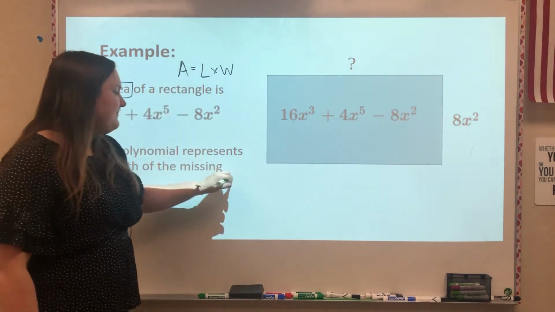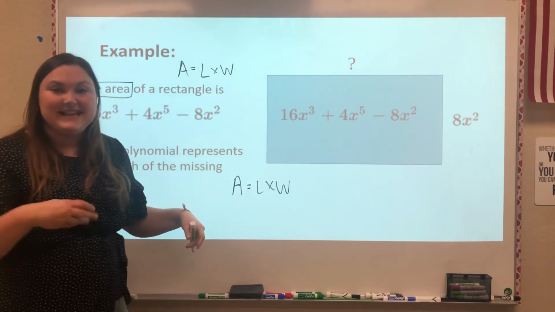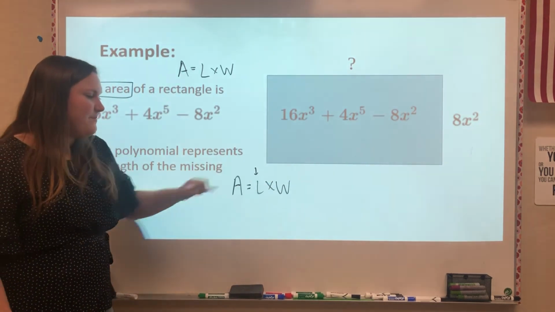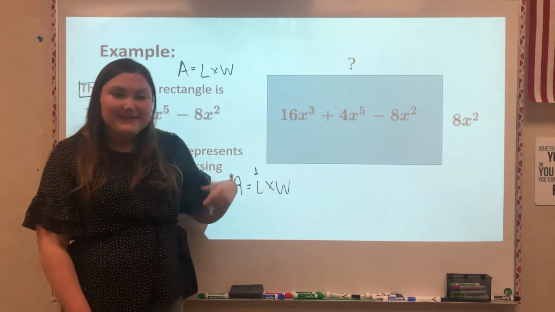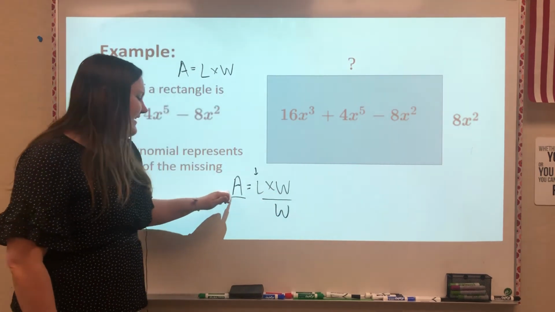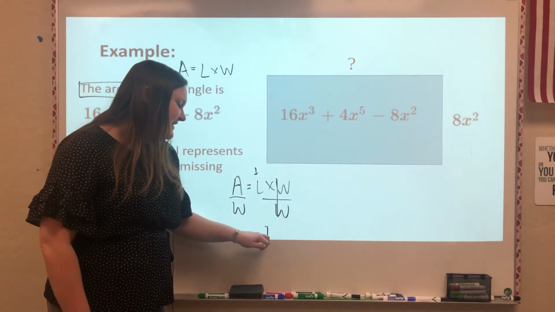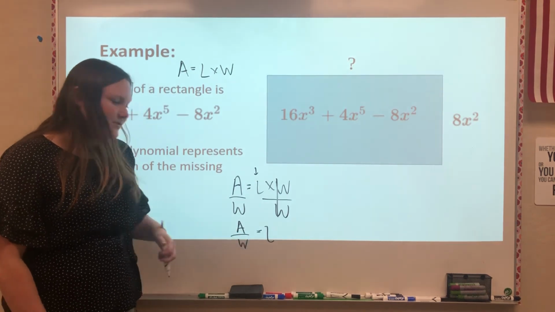I've got my area equals length times width. If I wanted to say length equals, if I want to get length by itself, I need to get rid of width. So instead of multiplying by width, I'm going to do the opposite. I'm going to divide by width. And if I do that, that tells me the length equals the area divided by the width.